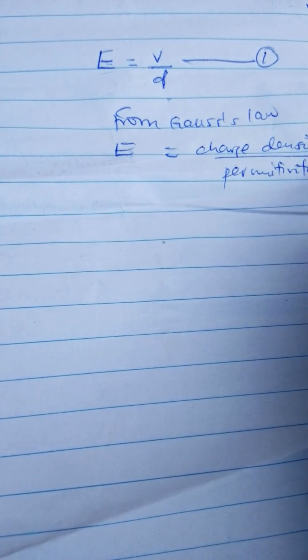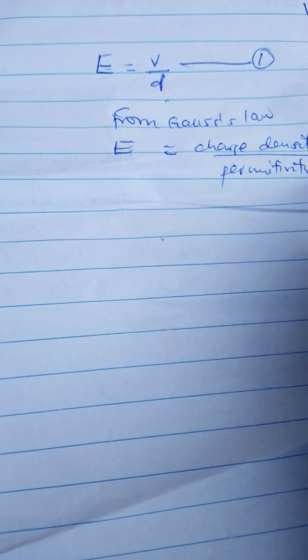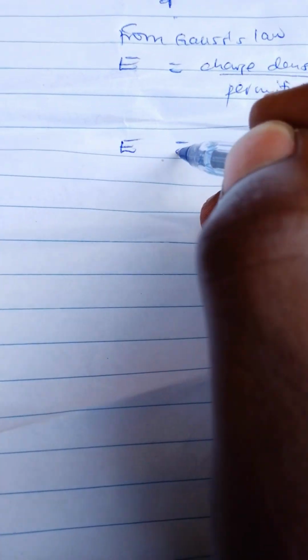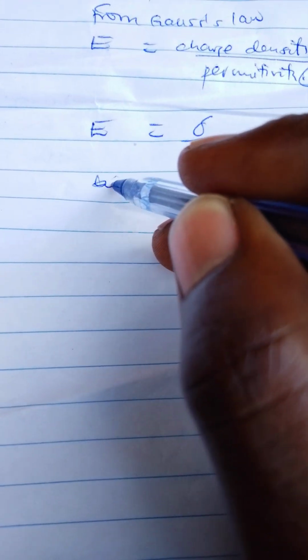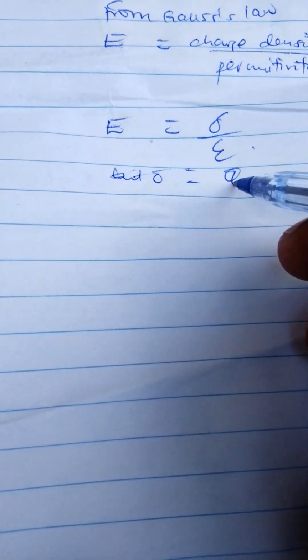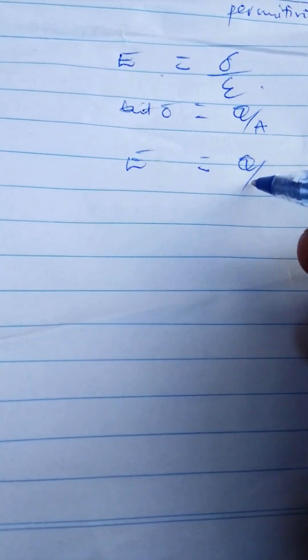Permittivity means how strongly a given medium can be polarized, and it is represented by the sign epsilon. But charge density is the same as charge over area, and therefore electric field intensity, capital E, equals Q over A epsilon.